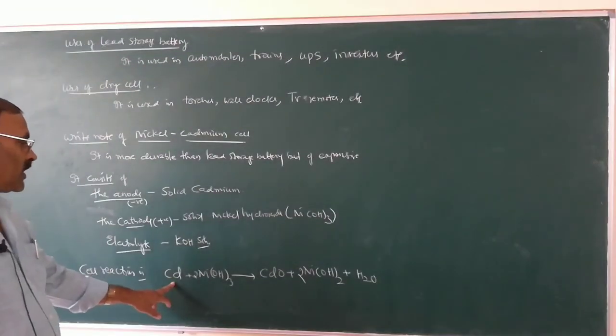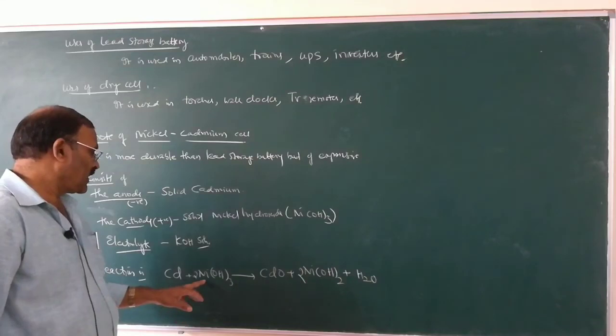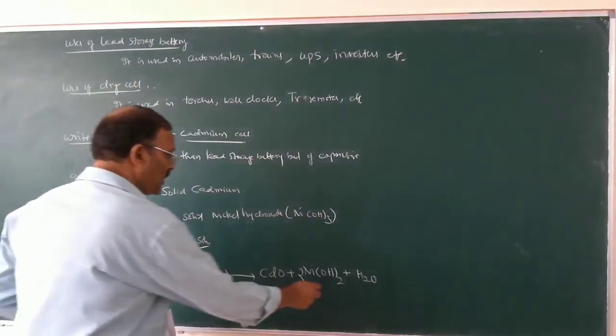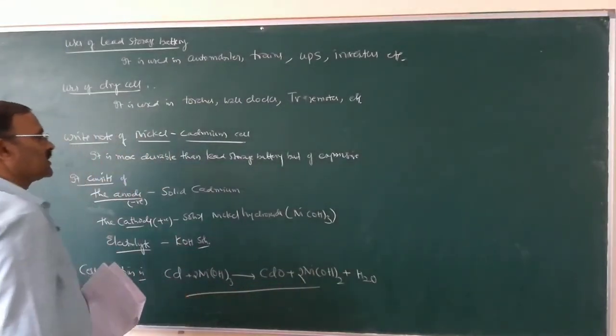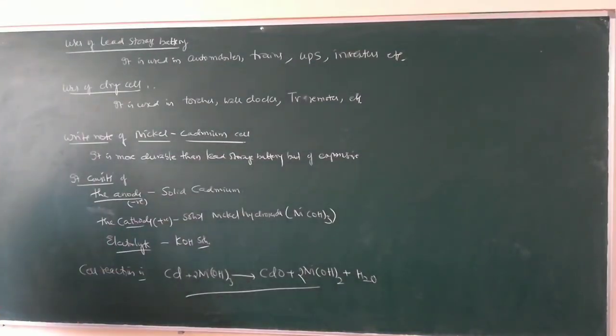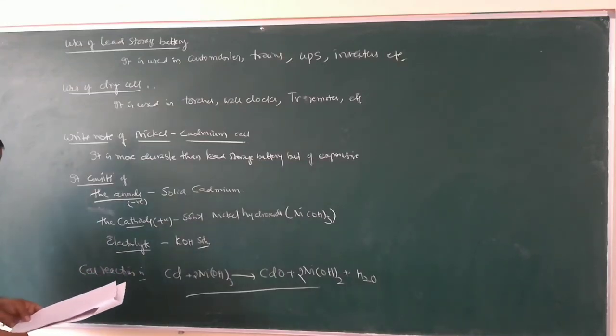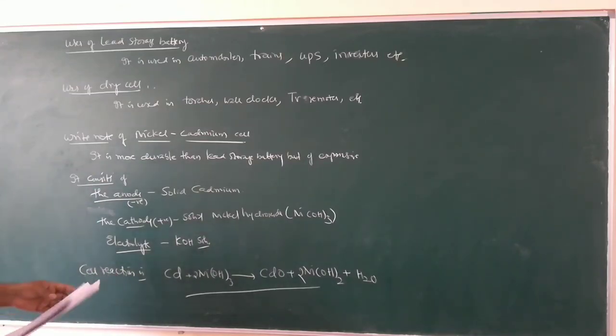So cadmium undergoes oxidation, nickel hydroxide undergoes reduction. This is the overall reaction. This cell is not so important. First you should know what is anode, what is cathode and what is the cell reaction. That's all.